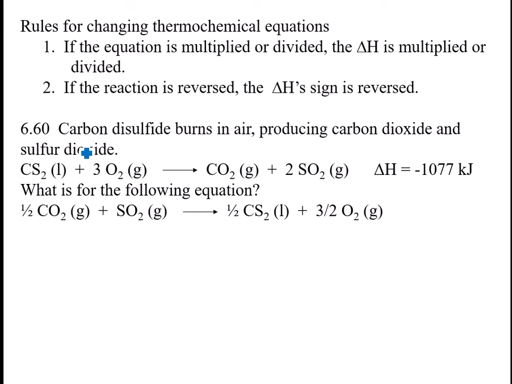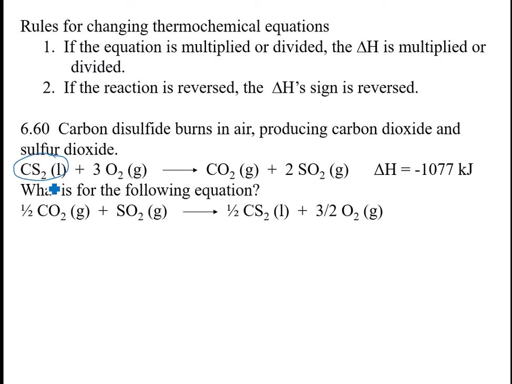So number 60 tells me that carbon disulfide burns in air, producing carbon dioxide and sulfur dioxide. And here's the reaction for it with the delta H. It wants to know what it is for the following equation. It does not matter which one of these it is. It will matter when we get to Hess's Law, but I'm just going to use carbon disulfide.